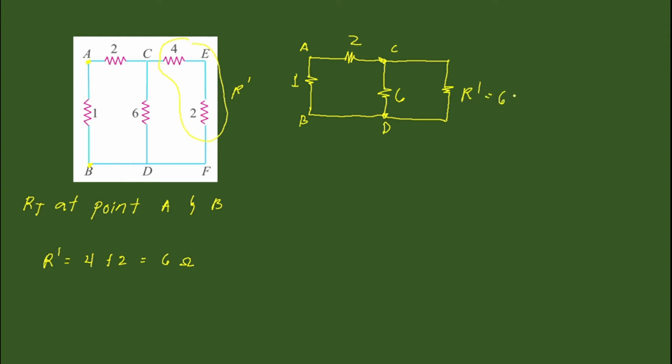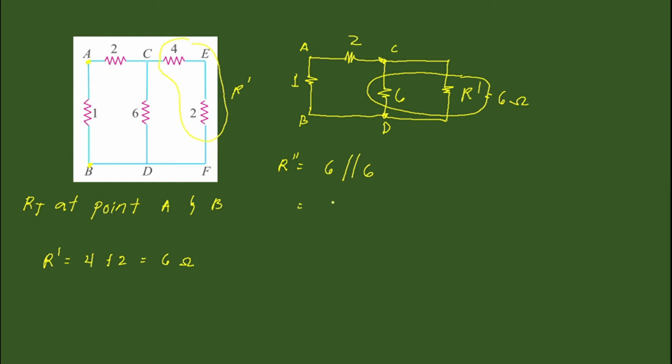It is equal to 6 ohms also. They are the same. Now, R prime and the 6 ohms are connected in parallel. So, let's consider it as R2 prime. R2 prime is equal to 6 parallel with R prime, which is equal to 6 ohms.